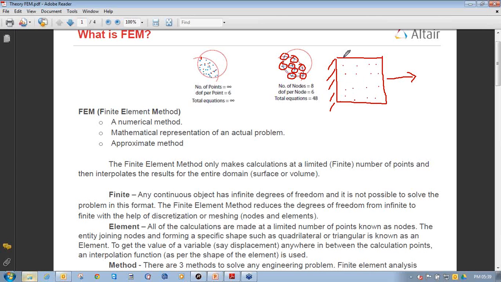So in FEM we create elements with the help of nodes, or we discretize this object into different sets of elements and nodes, and by using those elements and nodes and the interpolation function, the software calculates the value of displacement for the entire domain. So meshing is required to find out the value of any results for the entire domain. Meshing is required to discretize the object to a limited number of points. So in this way it works.